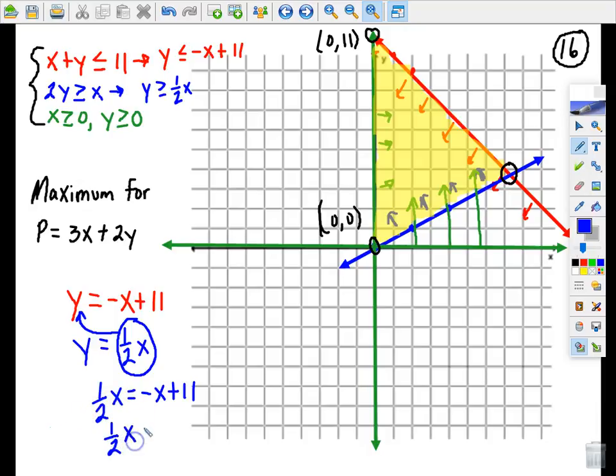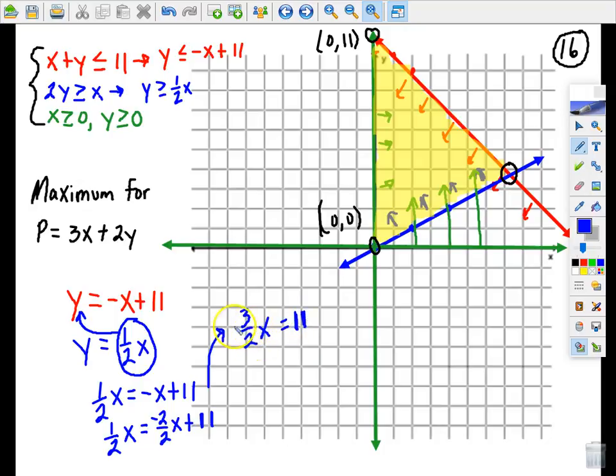So I'm just going to rewrite this as negative 2 over 2 x plus 11. It still equals negative 1, but now it's got the same denominator. That's what I will be adding to in just a moment. Okay, let's just come up here. Adding 2 over 2 x to both sides gives me 3 over 2 x equals 11.